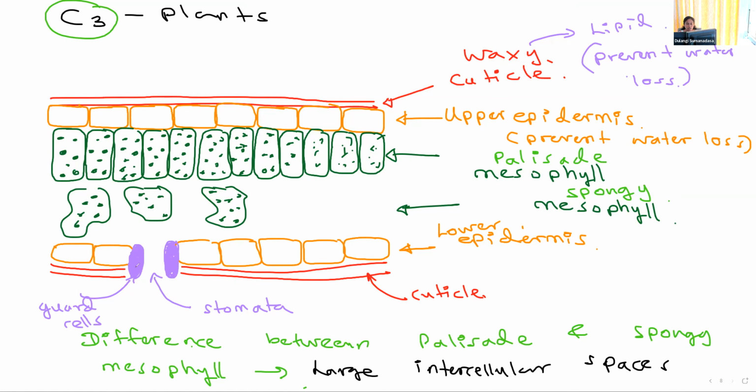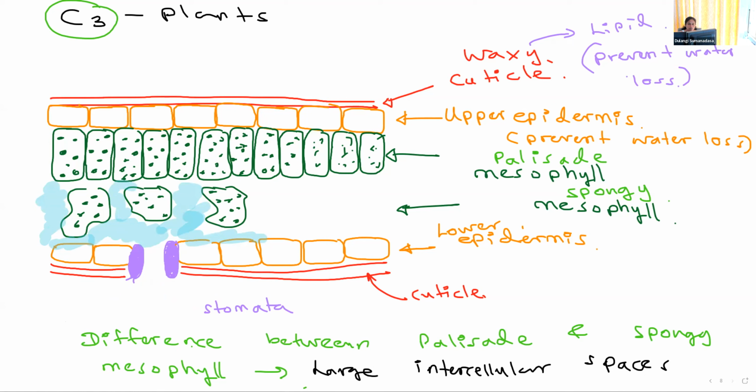But why do you think the spongy mesophyll has lots of air pockets? Why does the spongy mesophyll contain lots of large intercellular spaces? So this is the intercellular space. Whatever gases come in can be stored in these intercellular pockets. Is that clear? The stoma is the one that lets the carbon dioxide in, right?